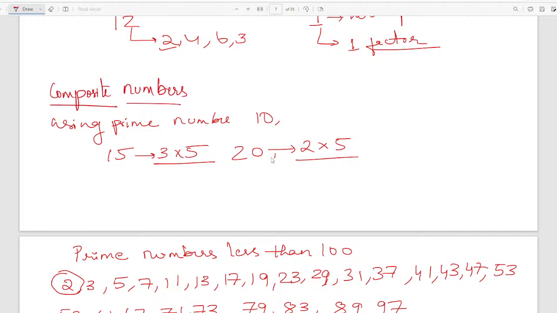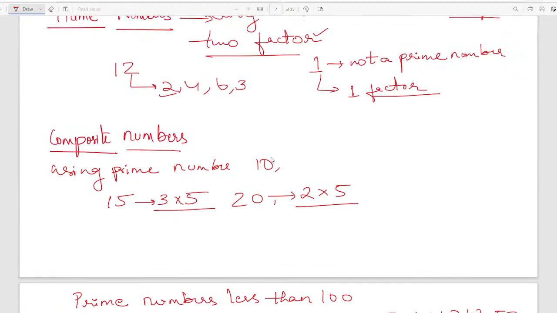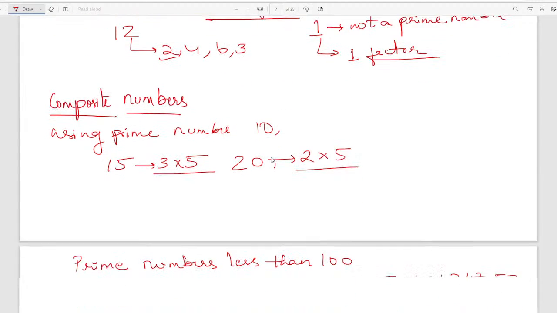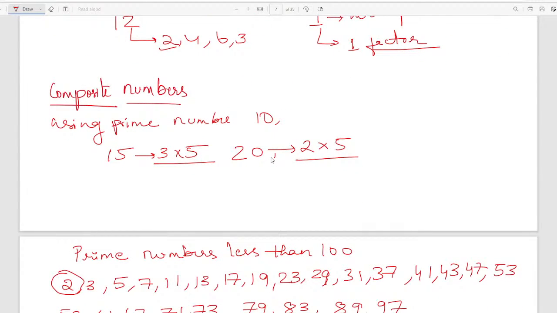I hope you understood this, Deepthi. Any number which is not a prime is a composite number because it is composed of two or more prime numbers.